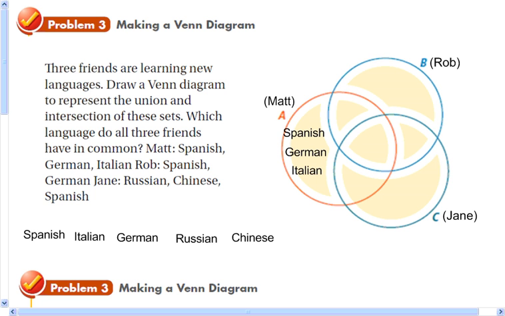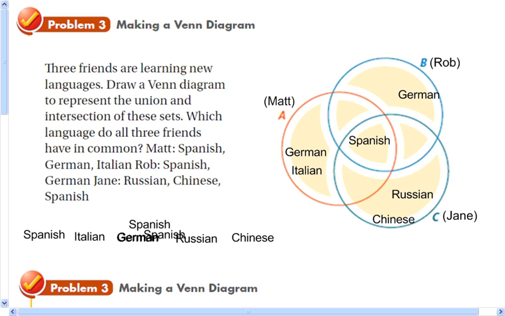Rob has Spanish and German. And Jane has Russian, Chinese, and Spanish. Now, we noticed that all three of them have Spanish, so we need a part of the Venn diagram that has all of them.